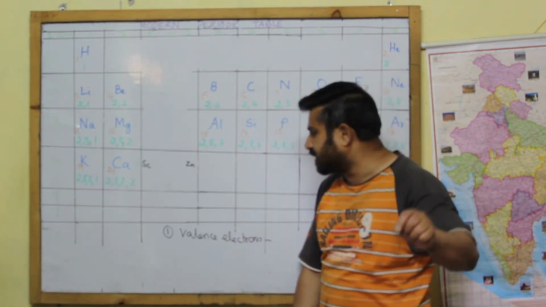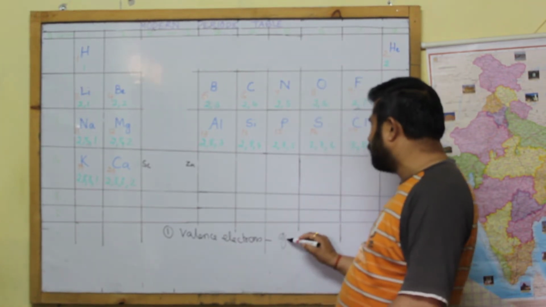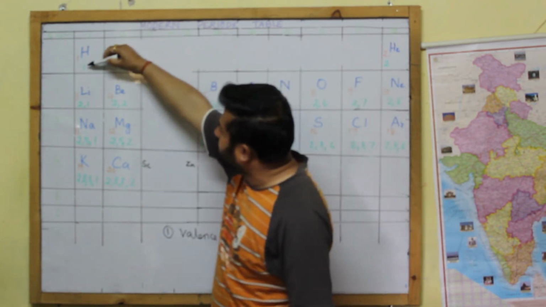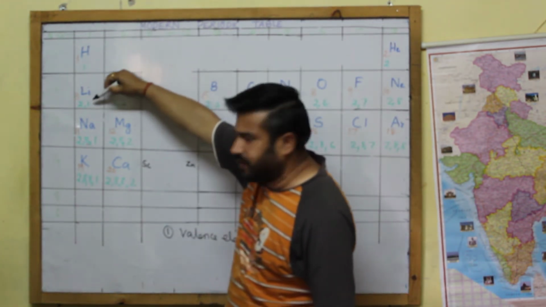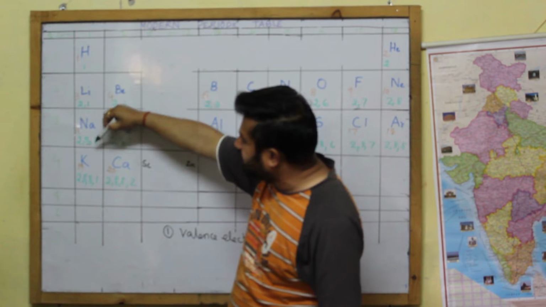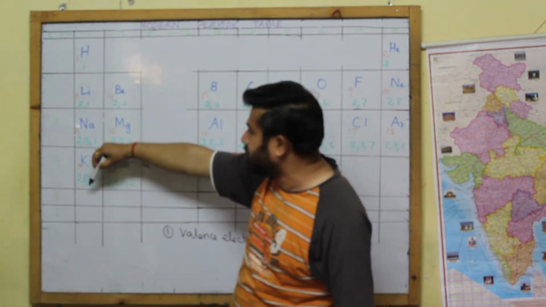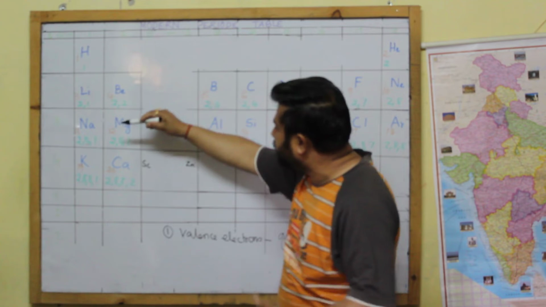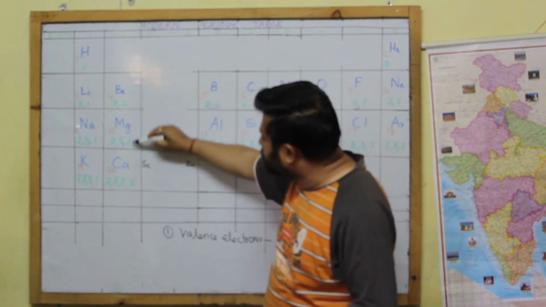So how do valence electrons vary in a group first? Let's take group 1. It has 1 valence electron, lithium has 1, sodium has 1, potassium has 1. So in a group 1 element, there is only 1 valence electron. Take group 2, it has 2, 2, 2.